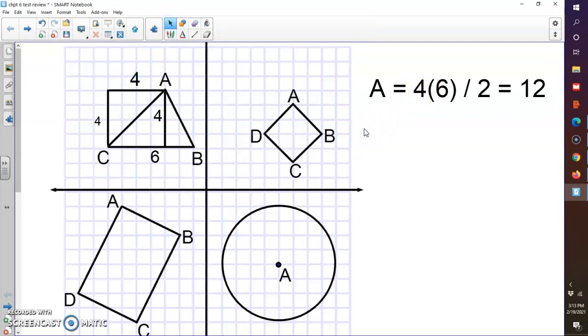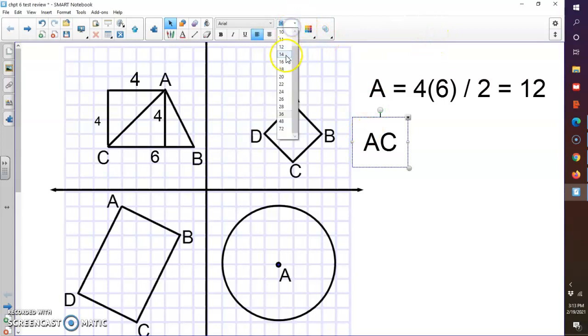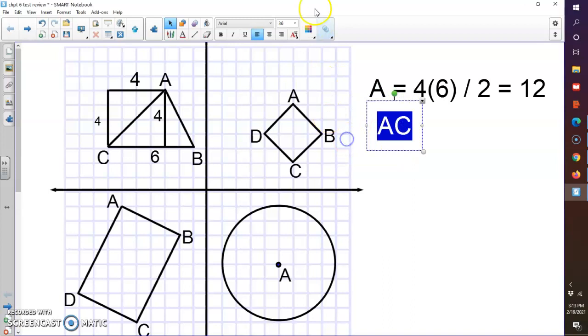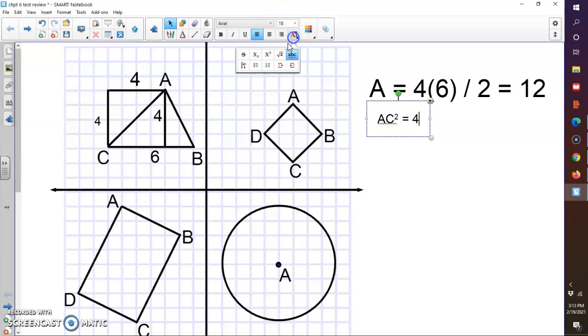So my AC squared, let's actually make this smaller. We're not going to be able to fit everything in, I don't think. So let's do 18. Okay, my AC squared is going to equal 4 squared plus 4 squared.